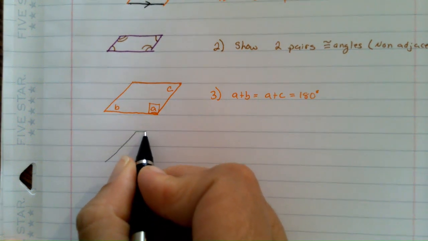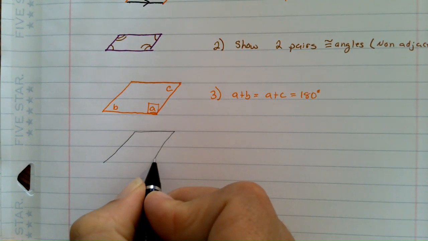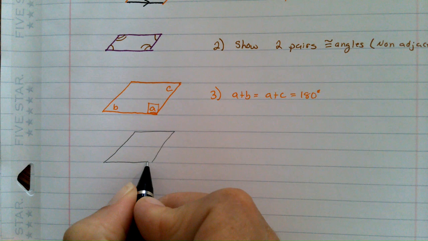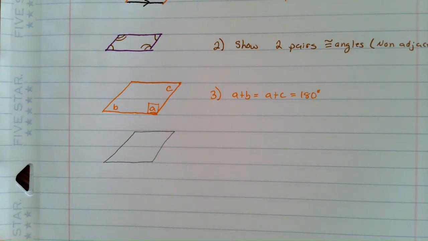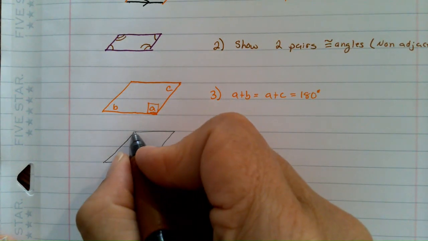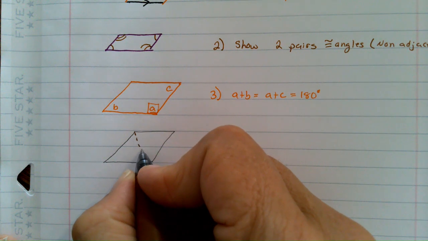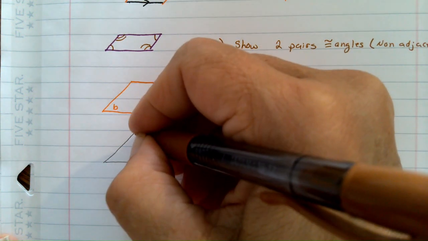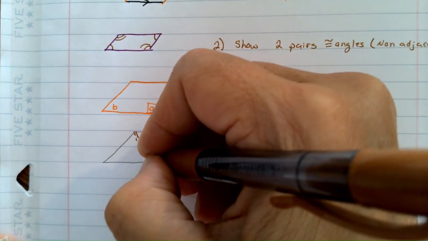Option 4. I need to draw better diagonals, don't I?